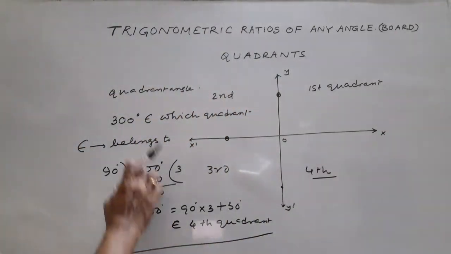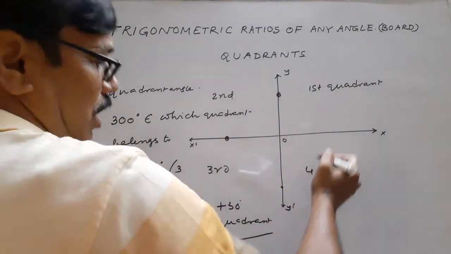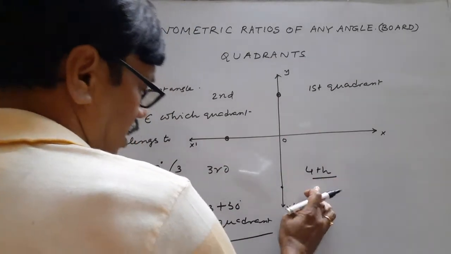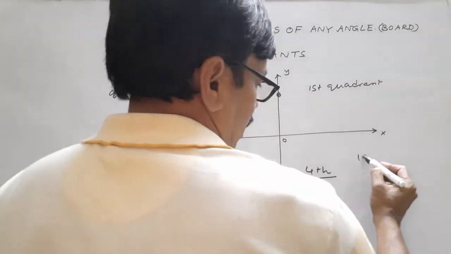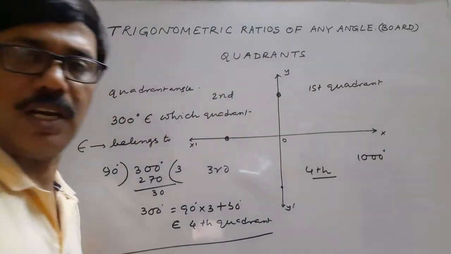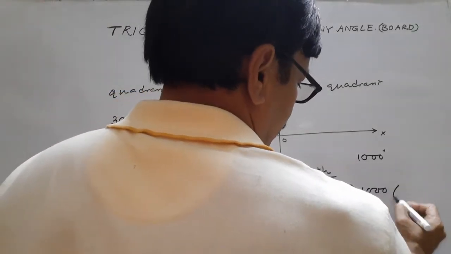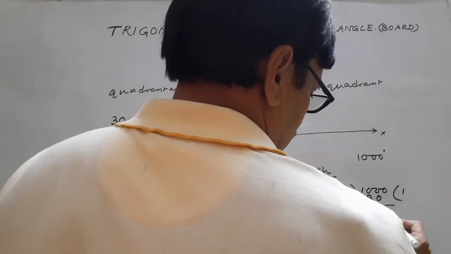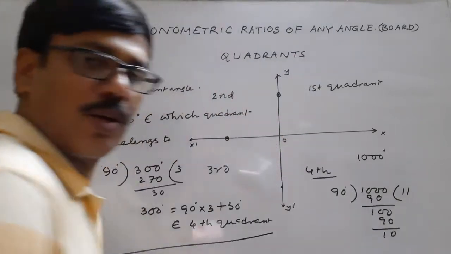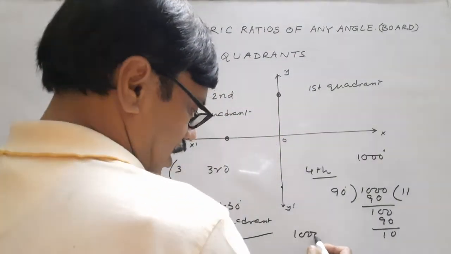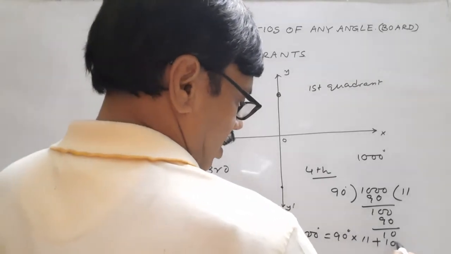So divide it by 90 degree. So this is 90 into 1, 90 into 2, 90 into 3 plus. If it is plus here, if it is minus here. So for example, 1000 degree. Divide it by 90. So 1000 degree equals 90 degree into 11 plus 10.